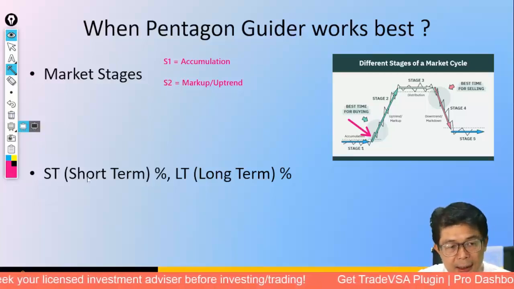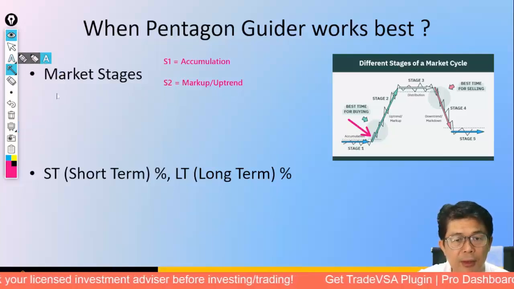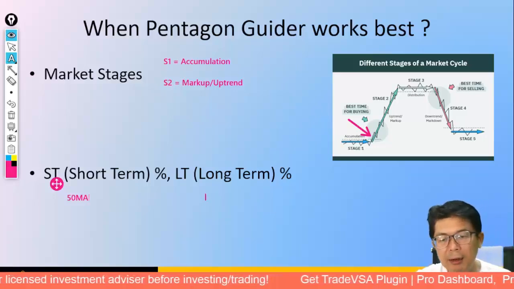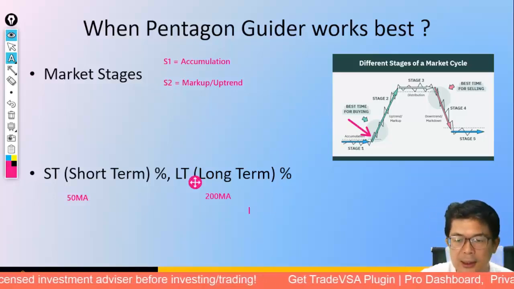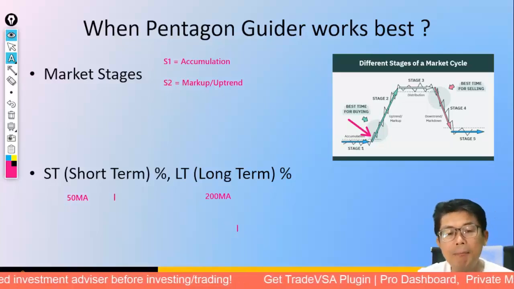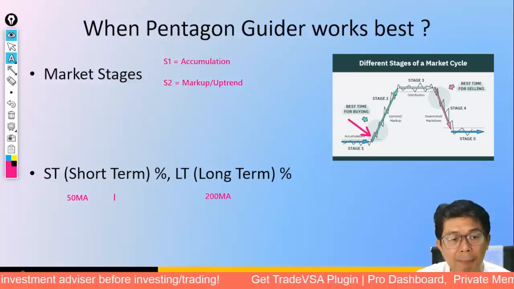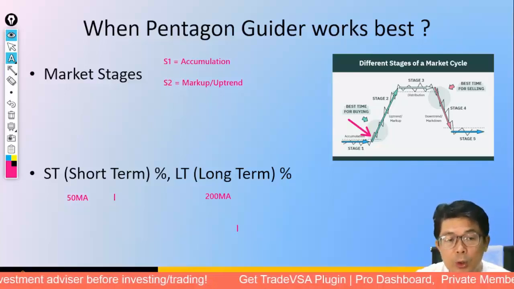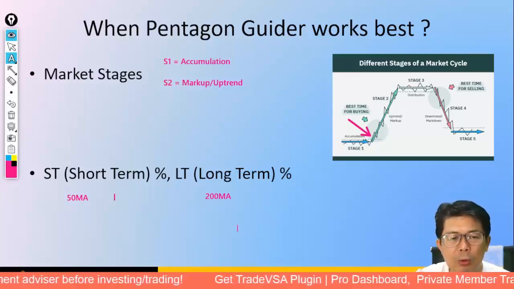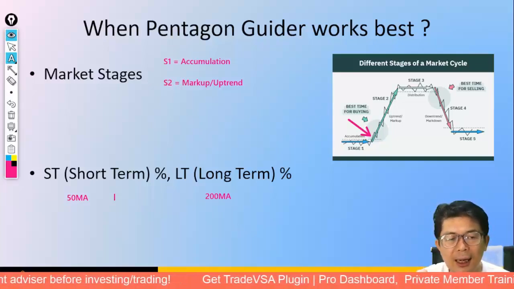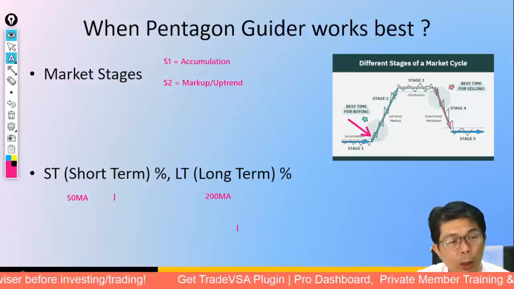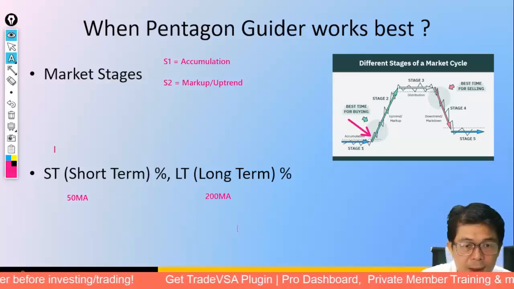Keep in mind, ST is the short term, and generally we refer to the 50-day moving average, and the long term we use the 200-day moving average.